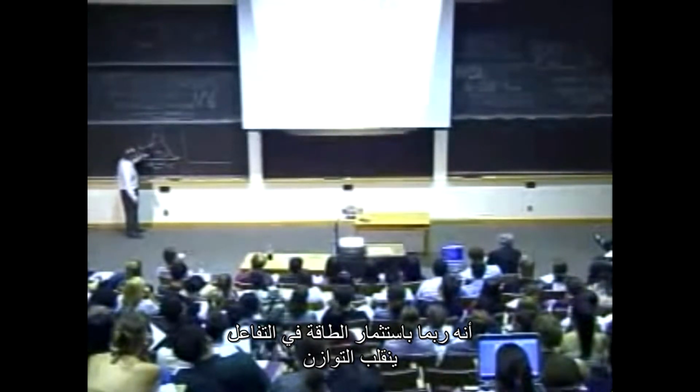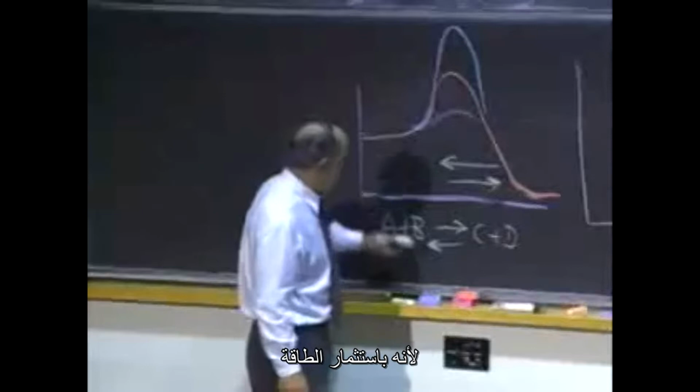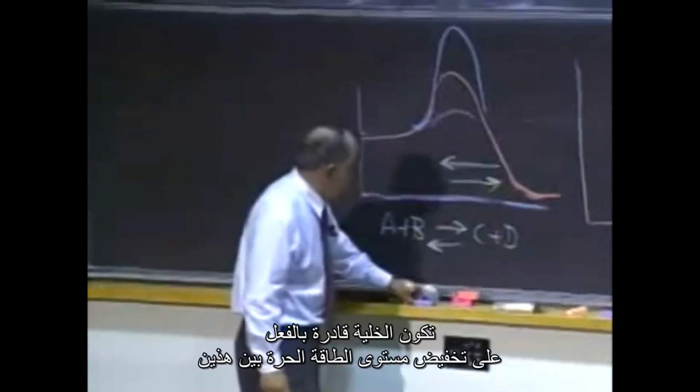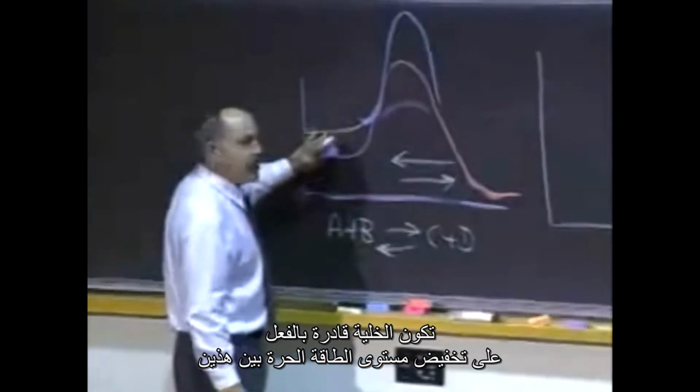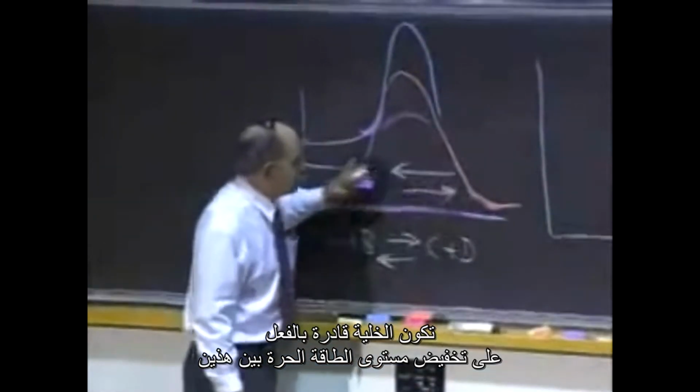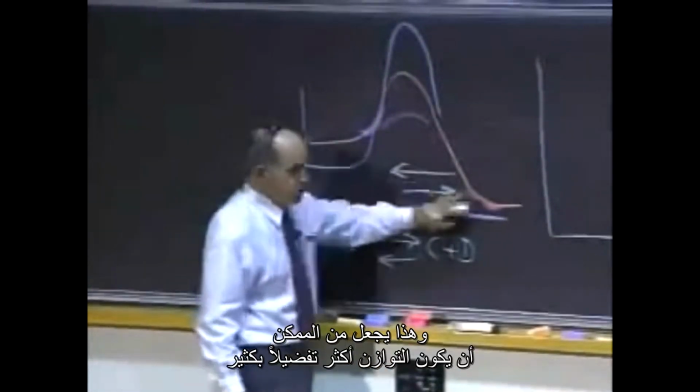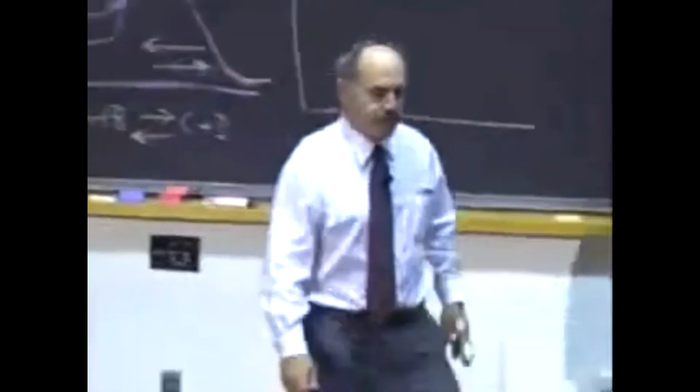So here we reach the idea that perhaps by investing energy in a reaction, the equilibrium is shifted, because by investing energy, the cell is able to lower the free energy state between these two, and that makes it possible for the equilibrium to be much more favored.